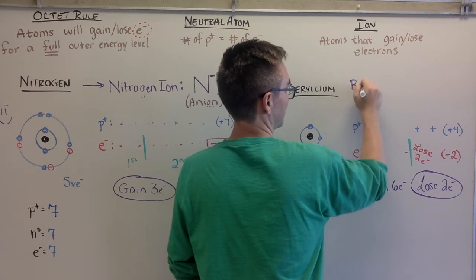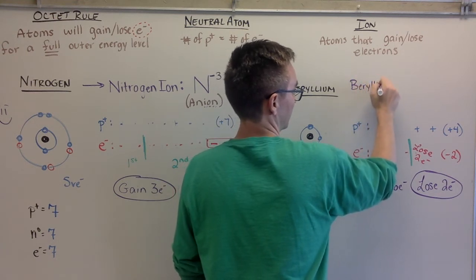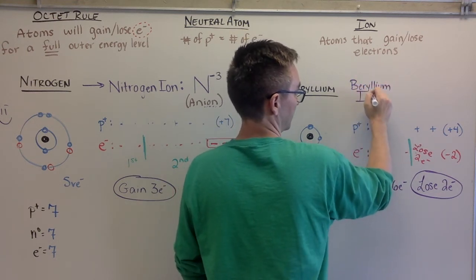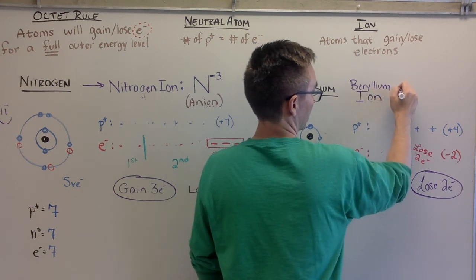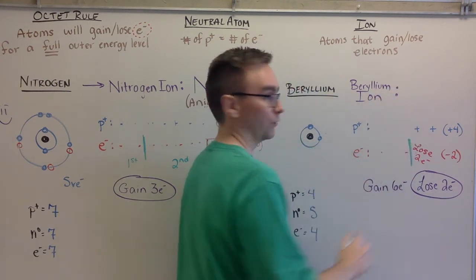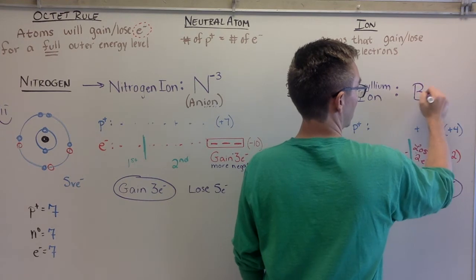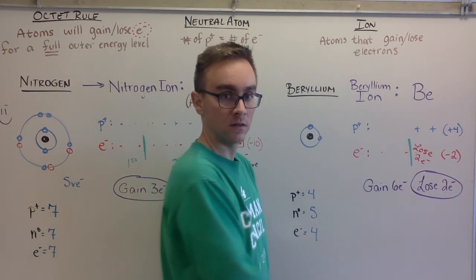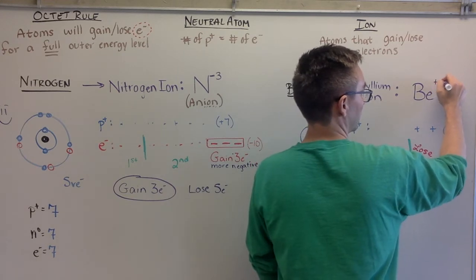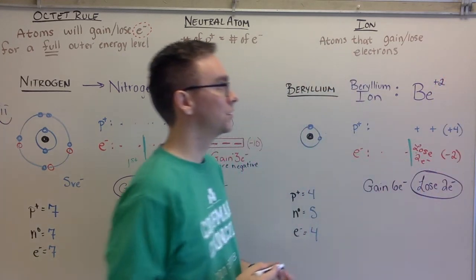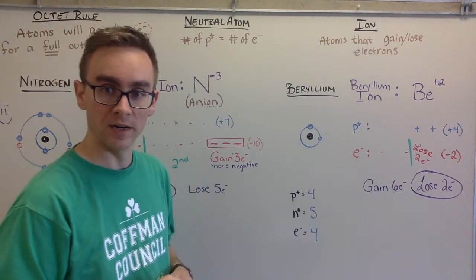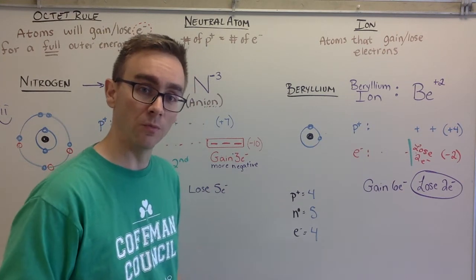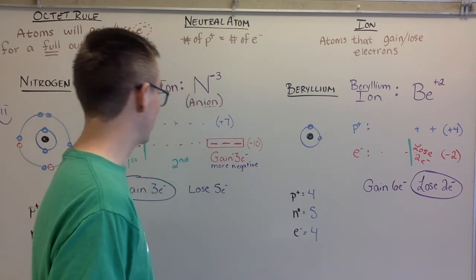What we have here is a beryllium ion. In this case here, it would be Be, positive 4 and -2 together make positive 2. All right? Or +2 beryllium ion.